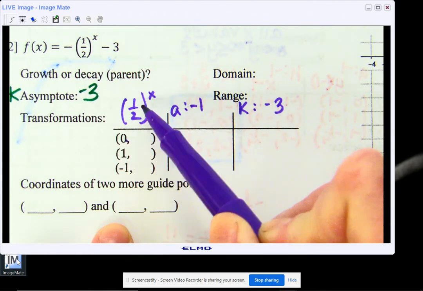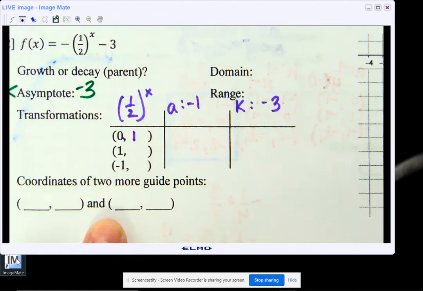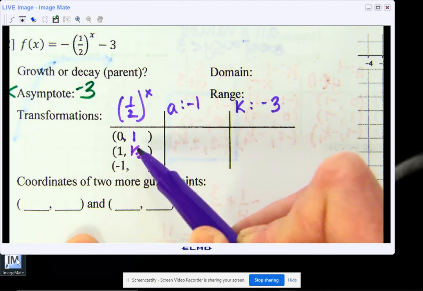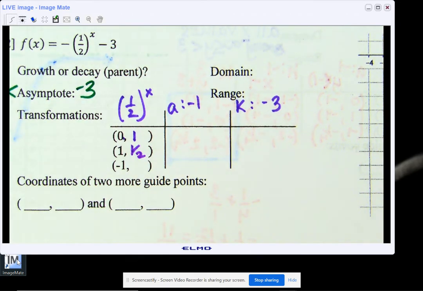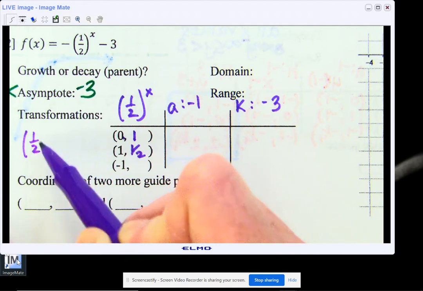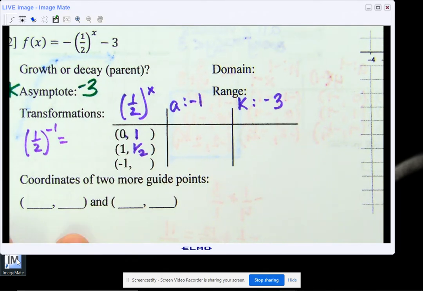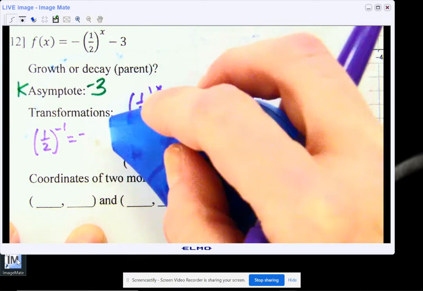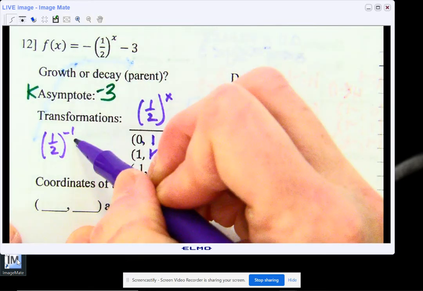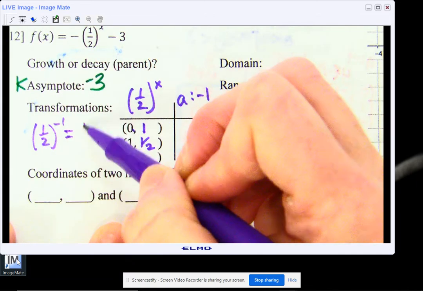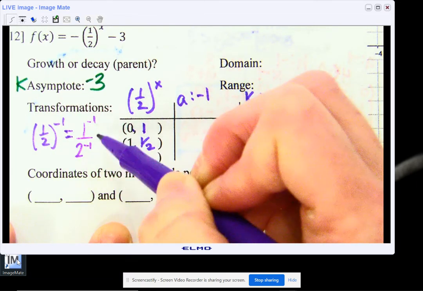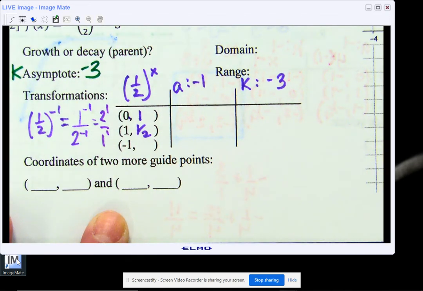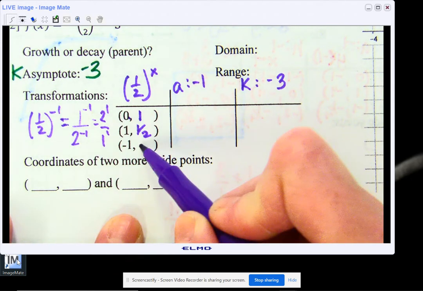If we have 1/2 to the 0 power, that always becomes 1. Anything to the first power is itself. To the negative first power, you might not need to write anything off to the side. Oops, no, I just wrote that down. I was writing what you were saying. So it's 1 to the negative first over 2 to the negative first, which becomes 2 to the first over 1 to the first, right? Which becomes 2.